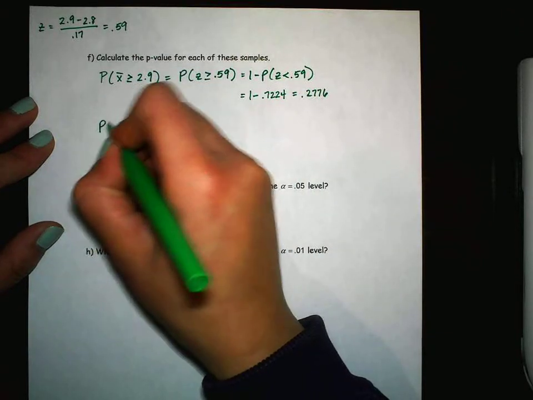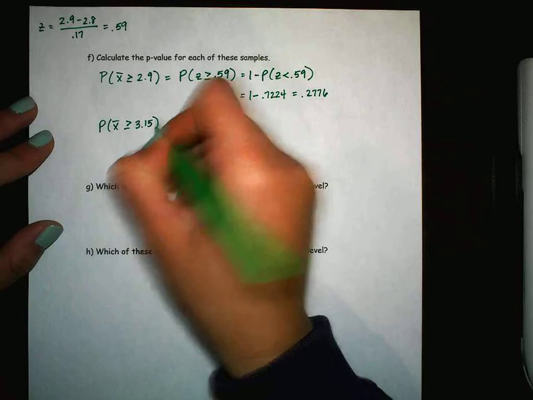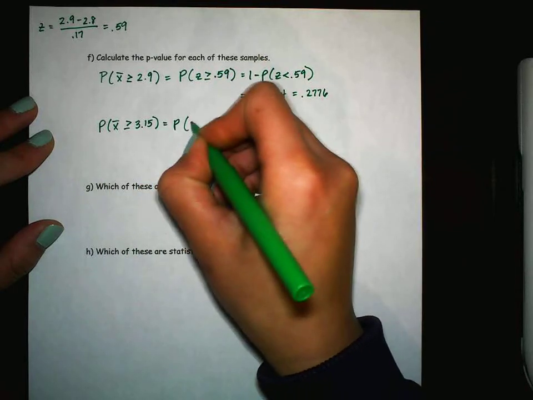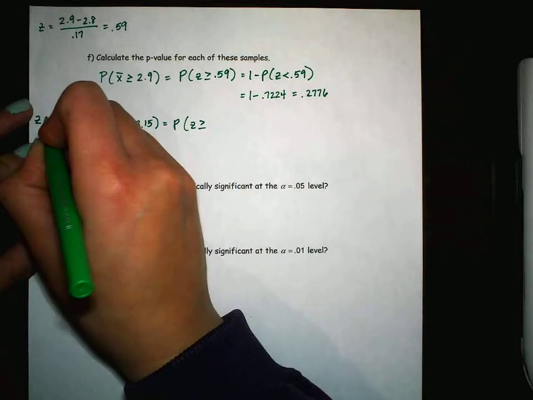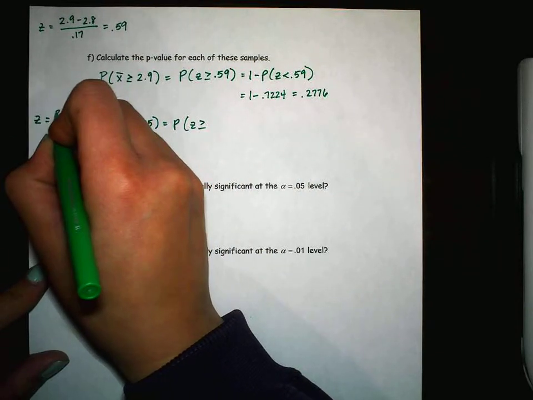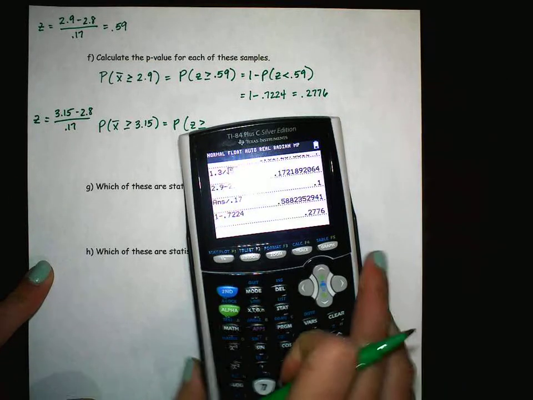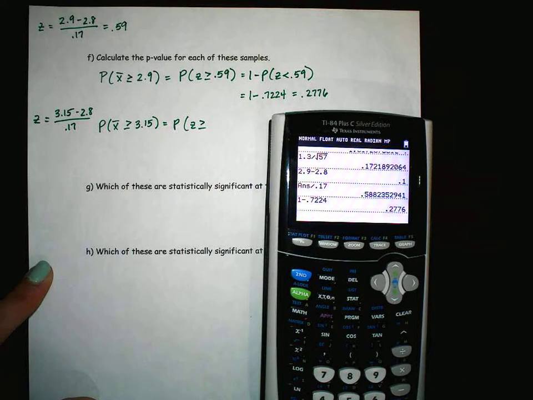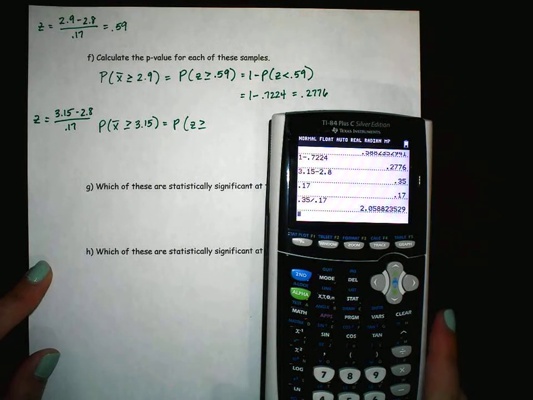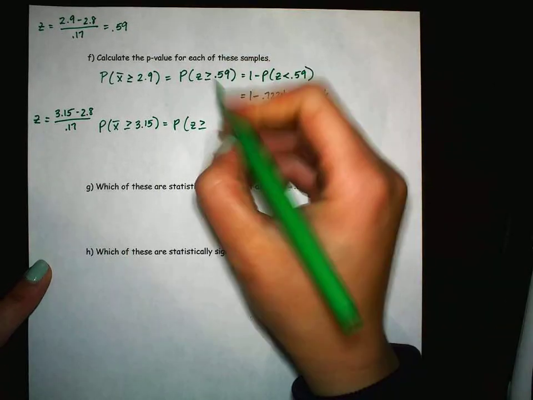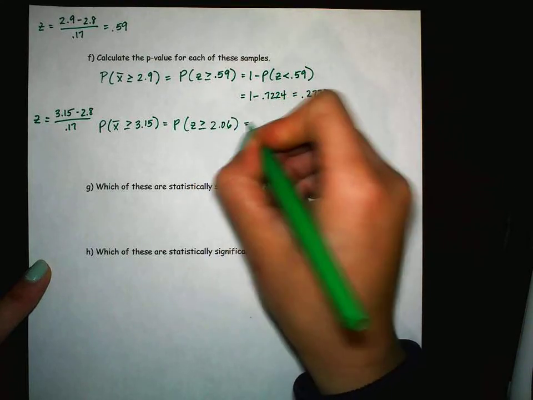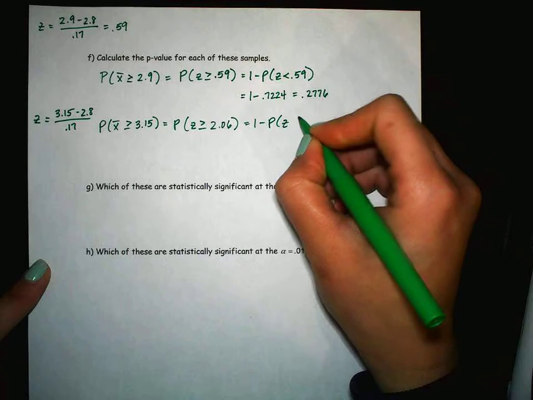Okay, so let's look at what if we have greater than 3.15. Let's go ahead and find the z-score for that. All right, right around 2.06. Same process as last time.